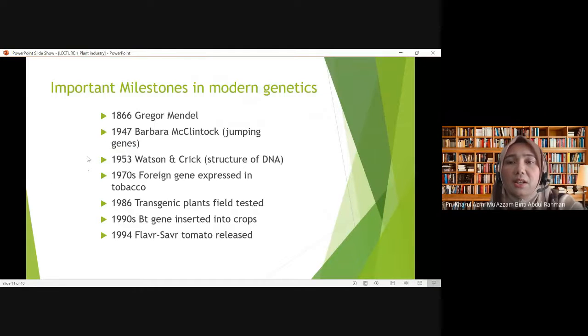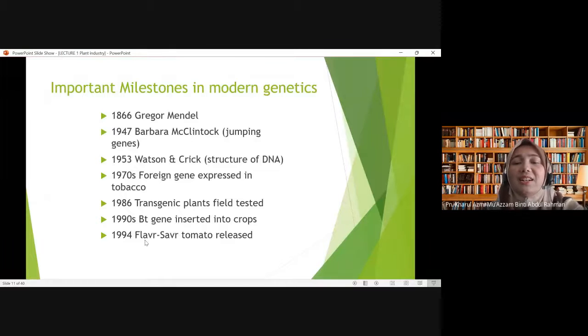Okay, so this is the important milestone in modern genetics. So maksudnya tahun-tahun macam mana genetics ni berkembang, starting from Gregor Mendel in 1866 until 1994. Flavr Savr, I don't know how to pronounce this name, the tomato release.